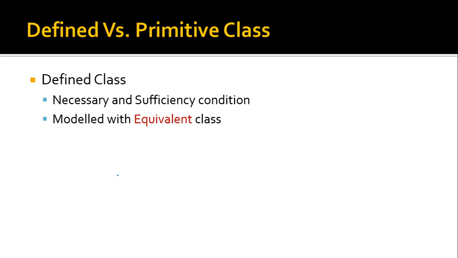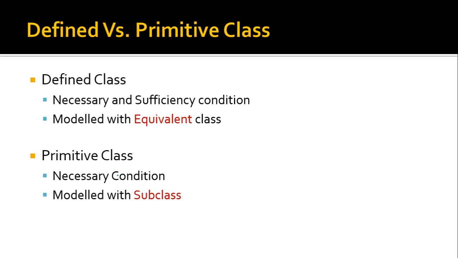On the other hand, in a primitive class, you leave some scope to be defined later, right? Here you encode the necessary condition of something to belong to a primitive class, but you do not specify the sufficient condition, and this will be modeled using subclass.